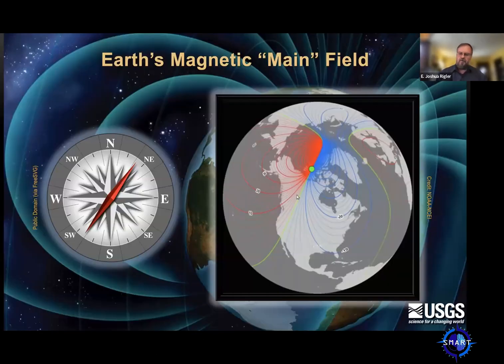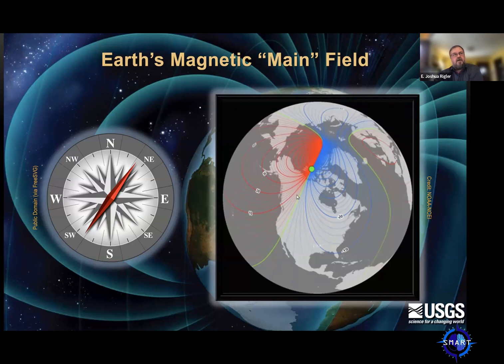So I'm going to give a really, really brief overview of geomagnetism, and I hope this isn't too simple for most of you, but bear with me for 2 slides. This won't take long. First, the Earth's main magnetic field, the thing that I think we're all familiar with. We've all used a compass, or at least used the magnetic sensors inside our smartphones.